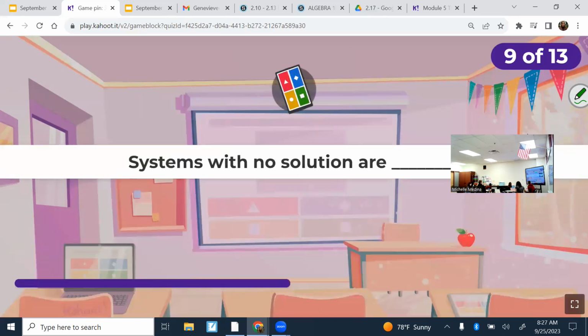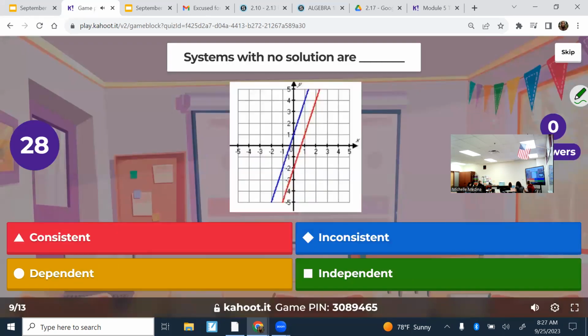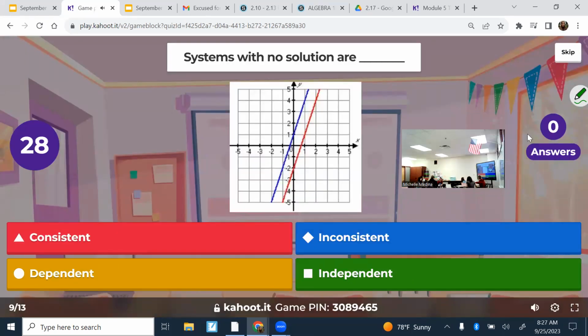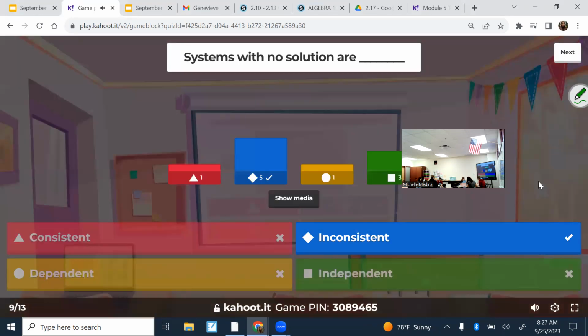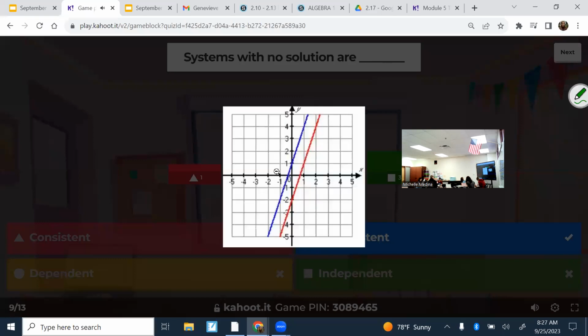All right, systems with no solution are blank. So based on what you know about the others, try your best on this one. Okay, just inconsistent.